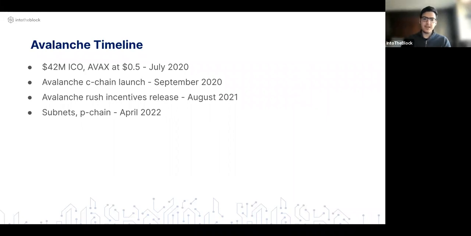Even though that was in August, a few of those incentives are still lying around. They're doing extensions of others and new ones, but to a certain degree, those have died down.